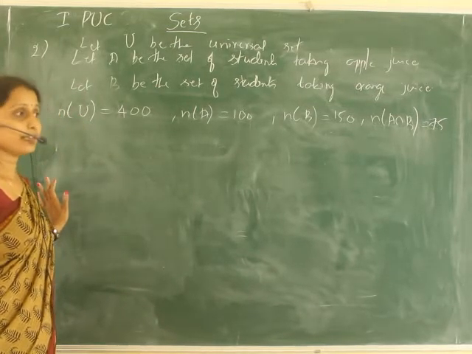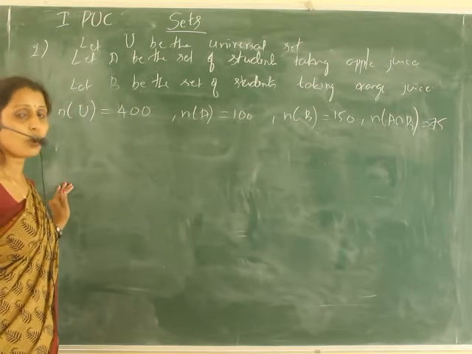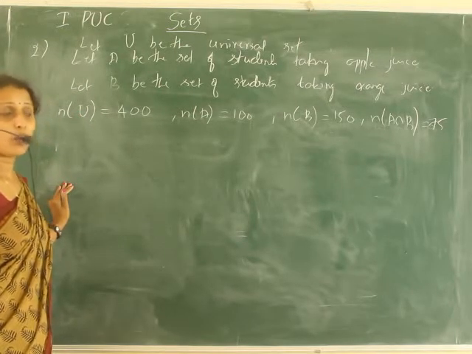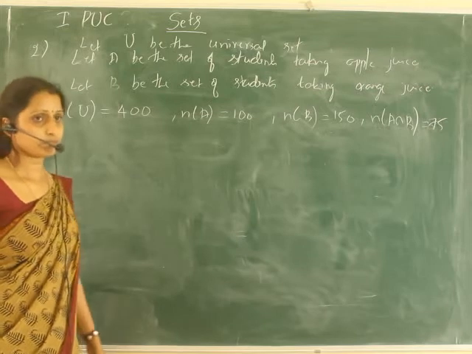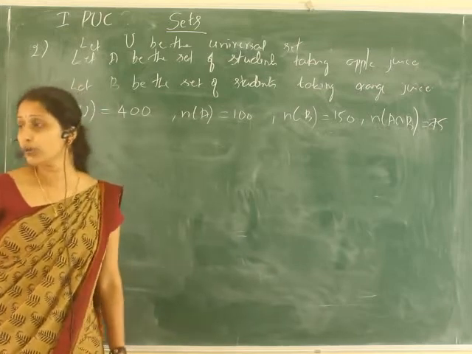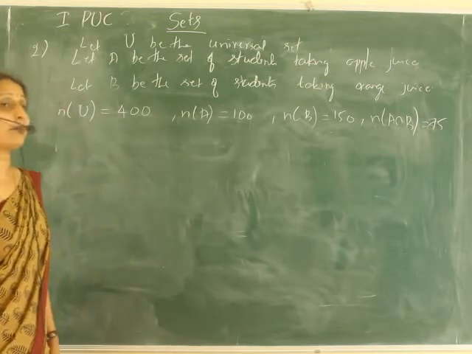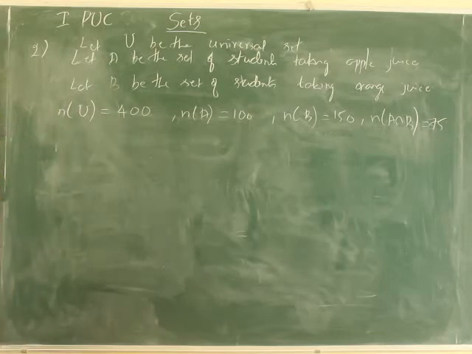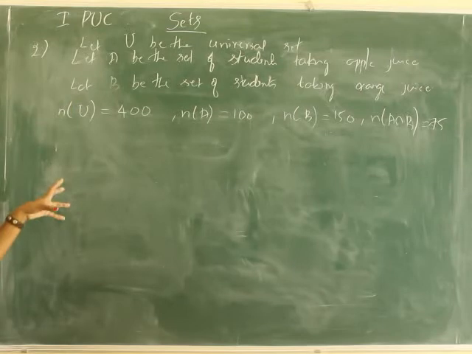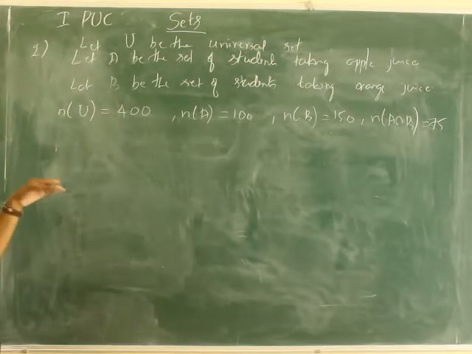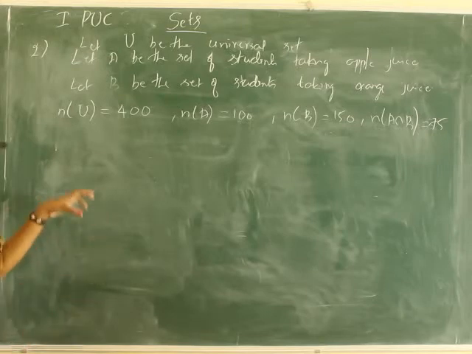The students who are not taking apple juice or orange juice do not belong to the union, but they are in the universal set.